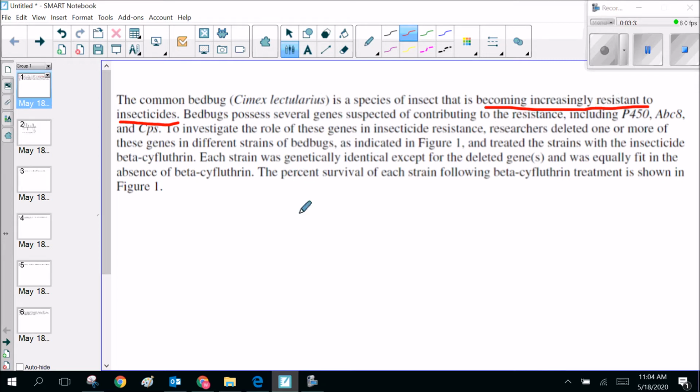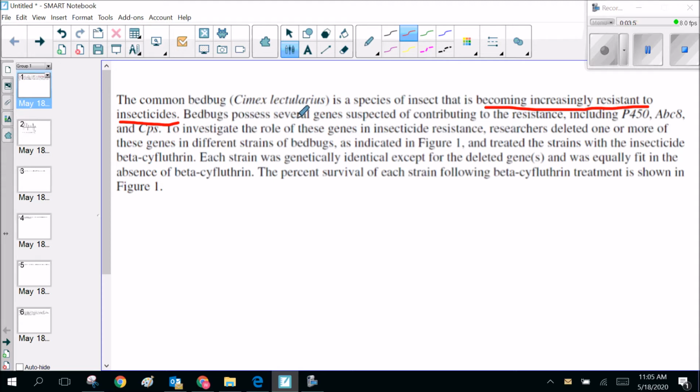Oftentimes in their introductions, they will tip you off as to what the focus is. And if you remember something from your modules or your units, you can pinpoint generally the area or the unit or topic that they're going to cover. Here, I'm thinking we're going to talk about insecticide resistance. And so that's where my brain is going to go and how I'm going to interpret this problem.